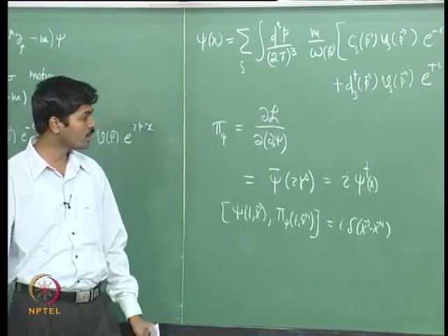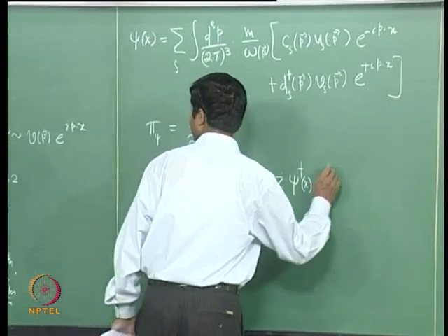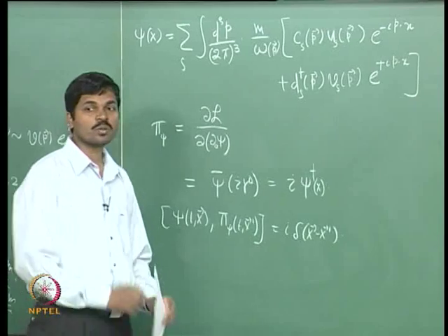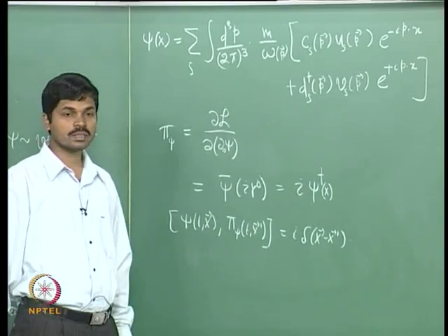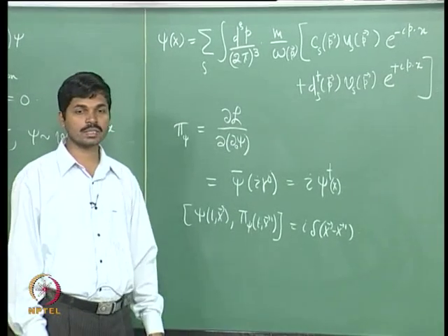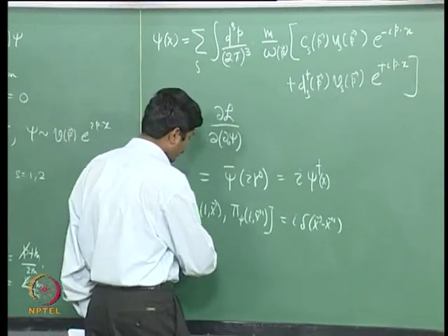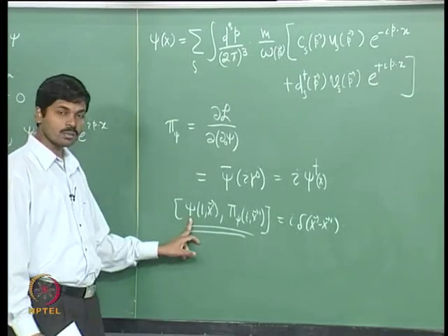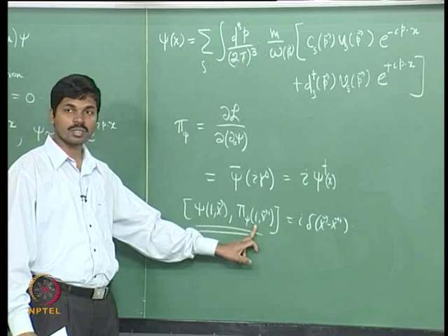We do not want particles of half integer spin to obey Bose-Einstein statistics, we want them to obey Fermi-Dirac statistics, and that cannot be achieved by considering a commutation relation between the field and the conjugate momentum.